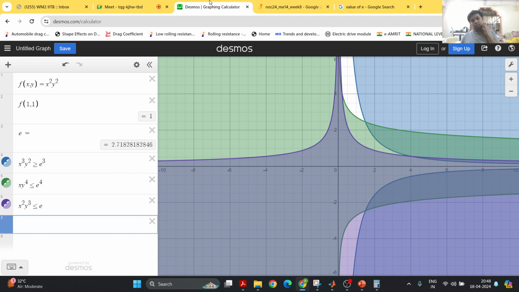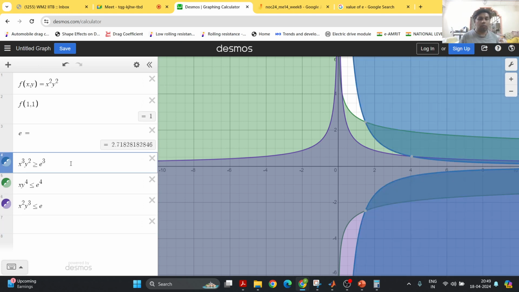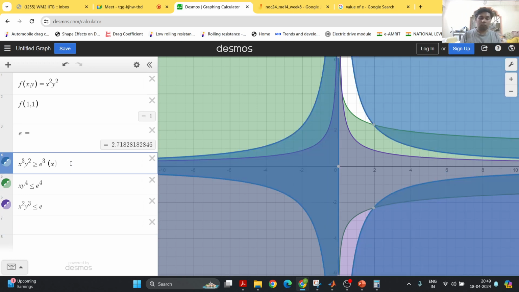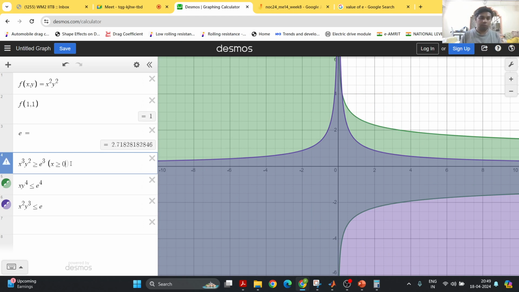Okay, so now, if you want to see only the values in the first quadrant, next to each equation, next to each inequality constraint, open the curly bracket and type there x greater than or equal to 0, comma y greater than or equal to 0.